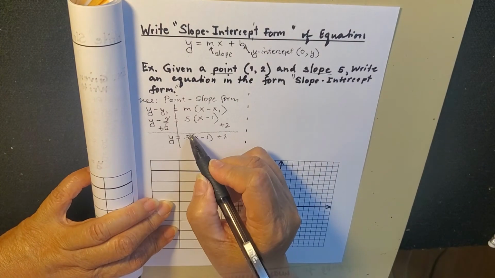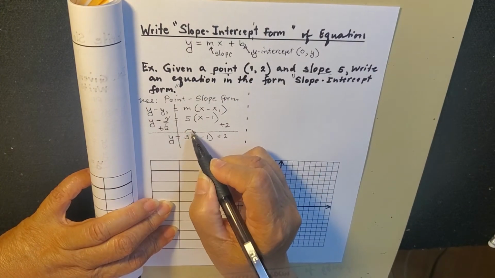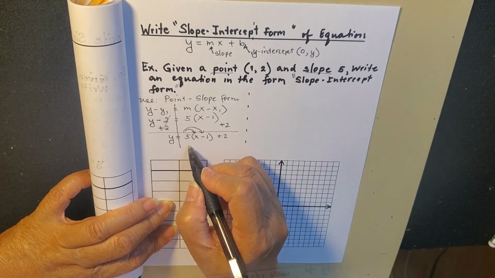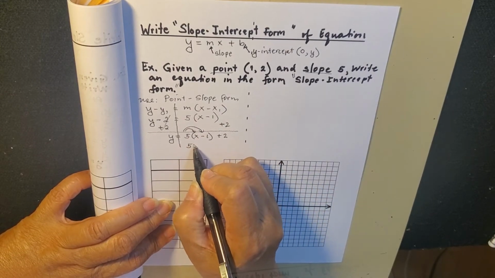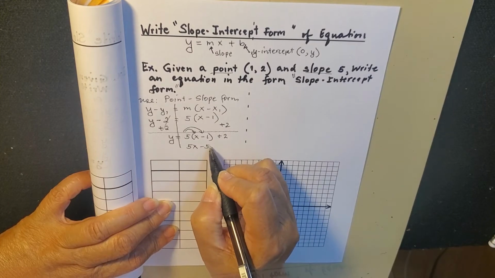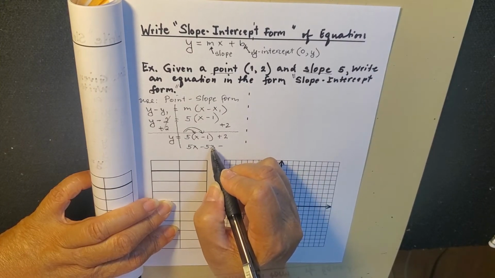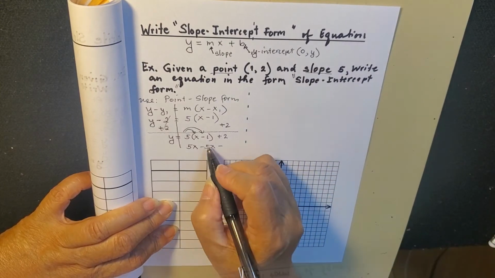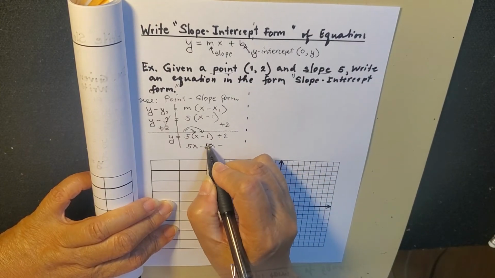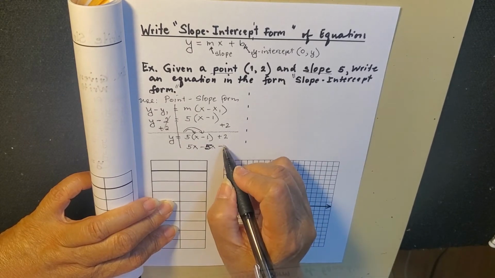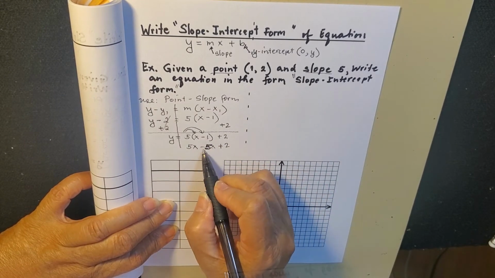And now I will continue to simplify. I see the parentheses, so I will use the distributive property. Oh, no x. This should be only 5 times negative 1, which is negative 5, and then plus 2.